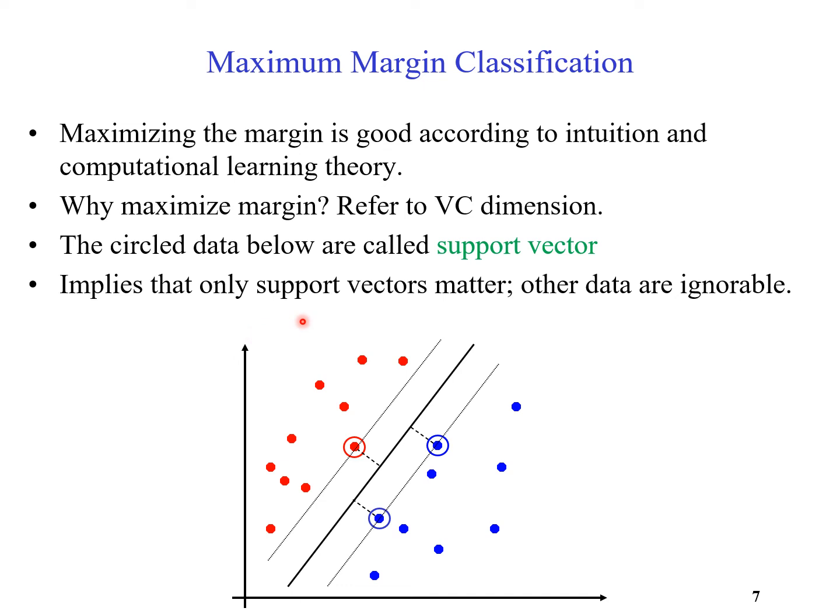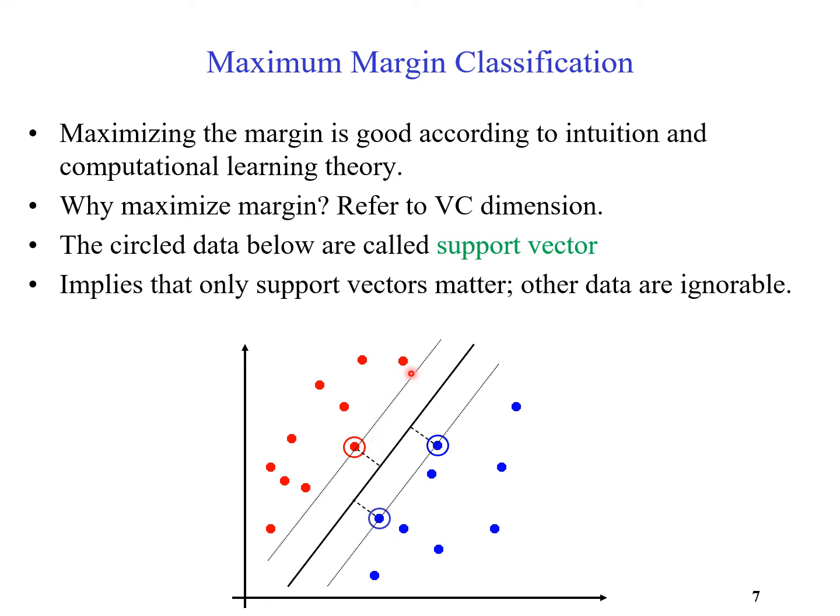By the way, if you look at this picture, this circled data are called support vectors. When you find a line for SVM, what matters is these support vectors. These support vectors determine the shape of the line, the angle of the line, everything about the line.